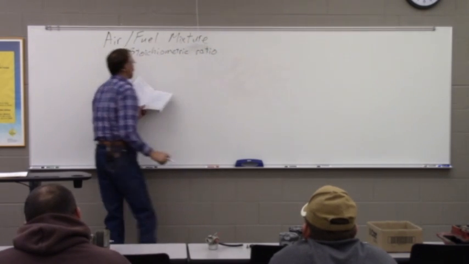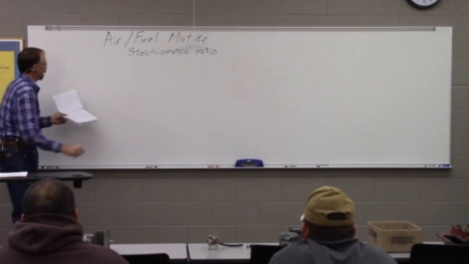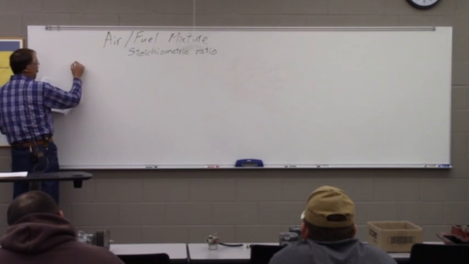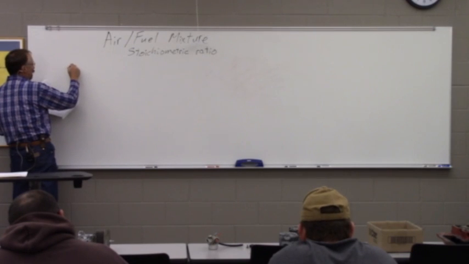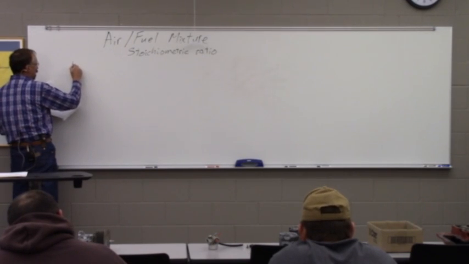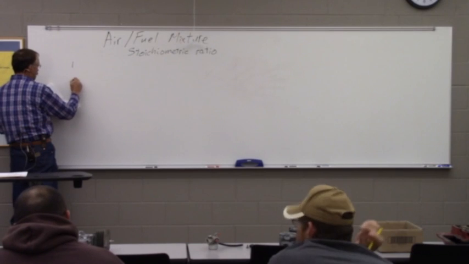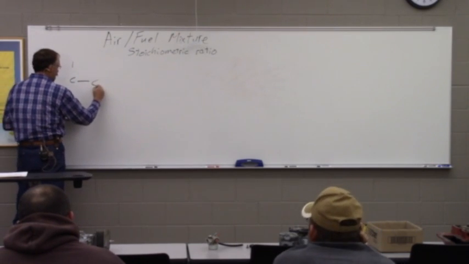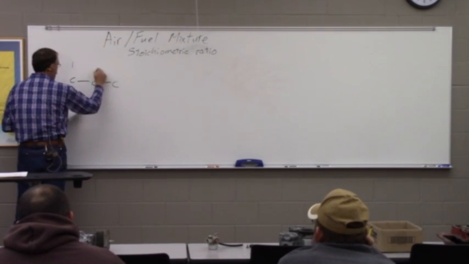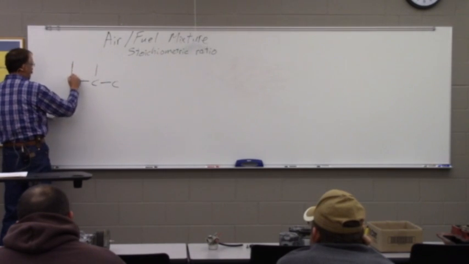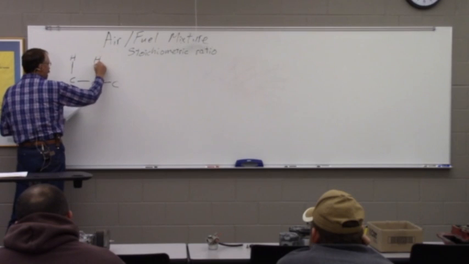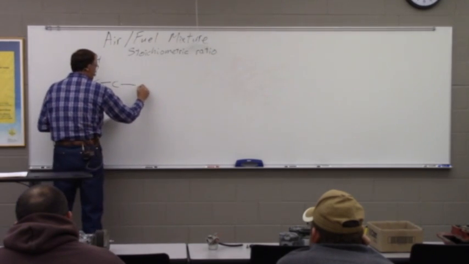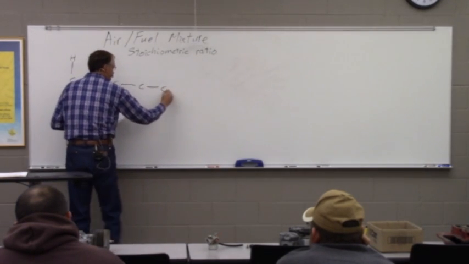Well, what that really means, if you remember when we were talking about the chemistry of all this, is our fuel, which is hydrocarbons, has carbon atoms in the molecule and our hydrogens out here, and these are long strings of carbons like this.